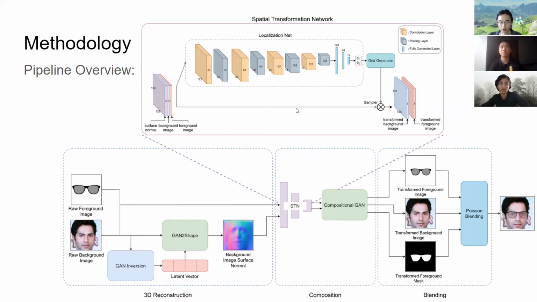The STN estimates the transformation for both foreground and background, and is trained jointly with the compositional GAN module during the training time. Then finally, to improve color consistency, we add a blending component, which takes in the transformed output and the mask and performs Poisson blending to get the final results. Next, we talk about each of these components in detail.